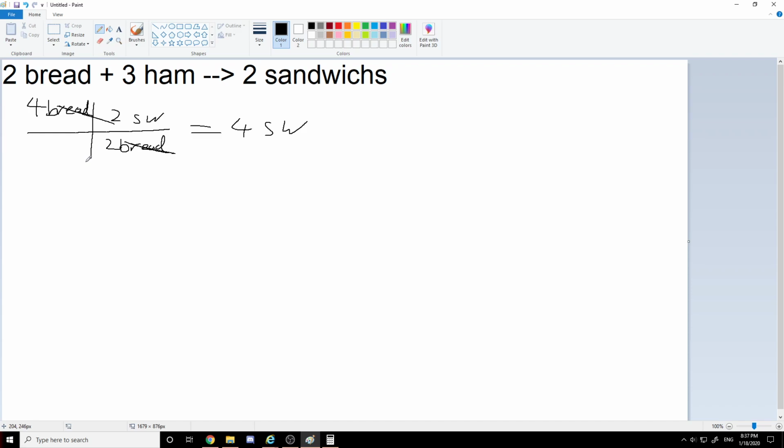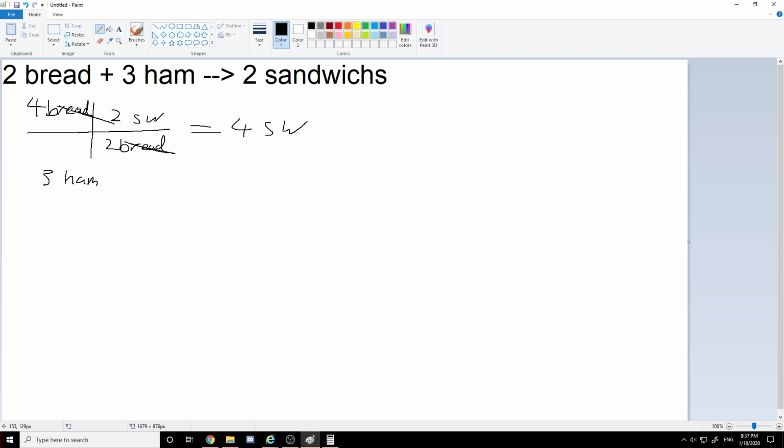Well, let's say instead of just finding 4 slices of bread in our pantry, we found 3 slices of ham as well. How many sandwiches can we make now with 4 slices of bread and 3 slices of ham?